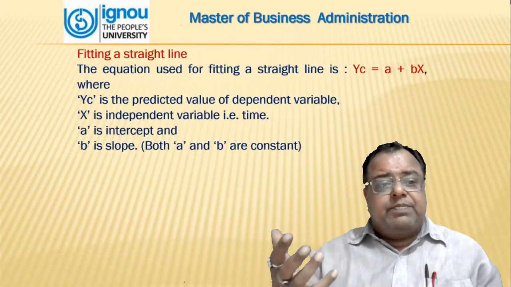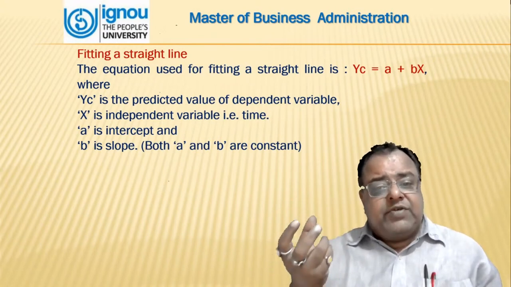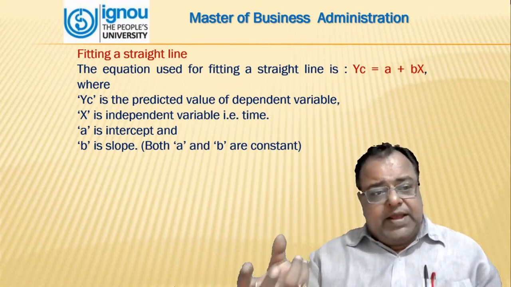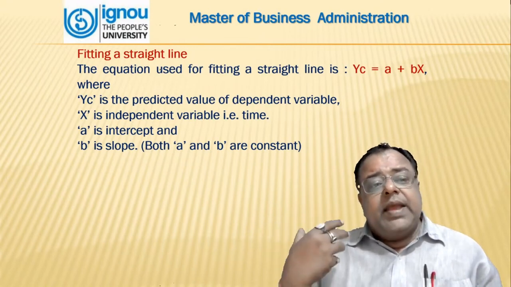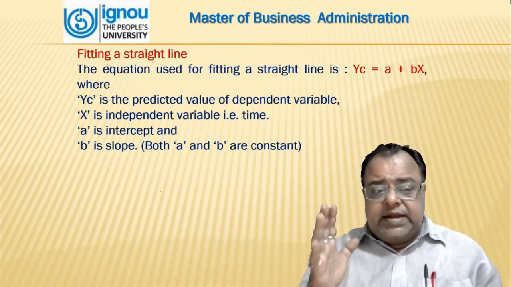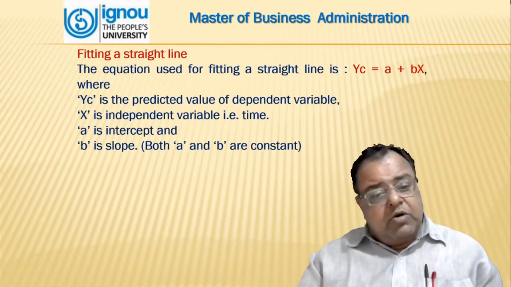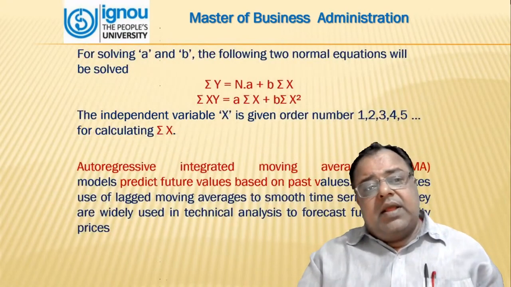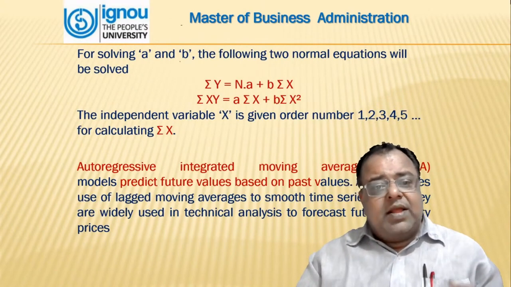Now, how to fit a straight line? The equation used for fitting a straight line is yc = a + bx, where yc is the predicted value of the dependent variable, x is the independent variable, that is the time, a is the intercept, and b is the slope. Both a and b are constants. Now, how to solve the problem?